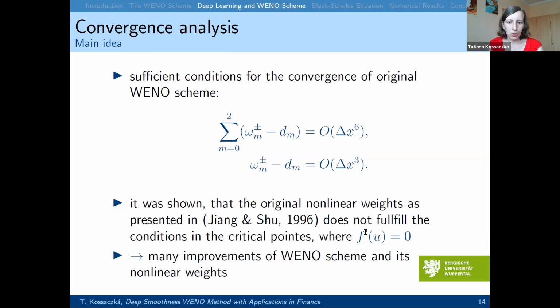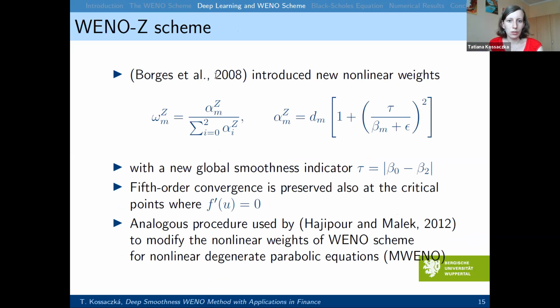Then many improvements of the WENO scheme and its nonlinear weights have been made, and we also use an improvement of the original WENO scheme. Not the one from 1996, but the one from 2008. And they just look like this.